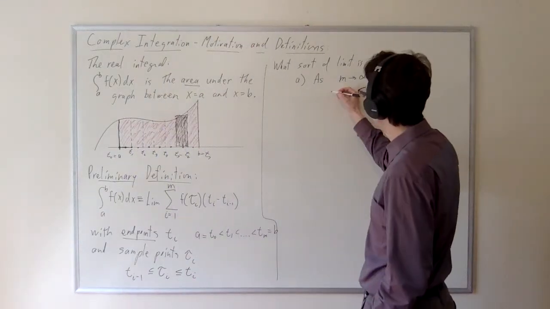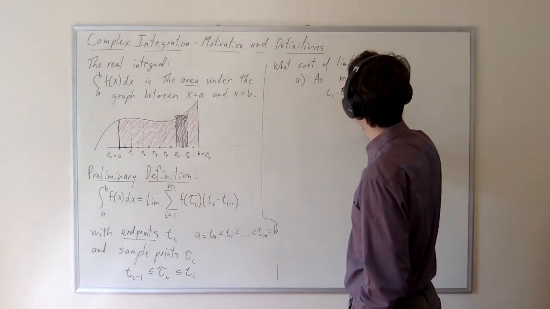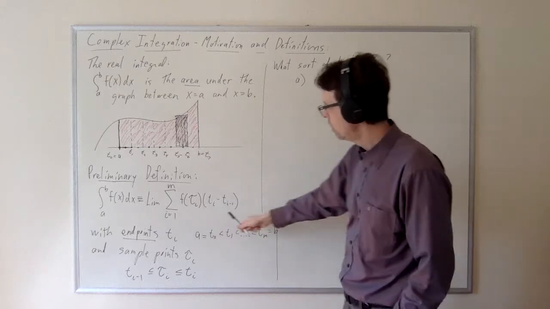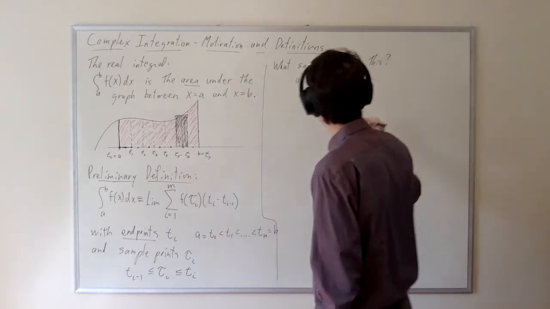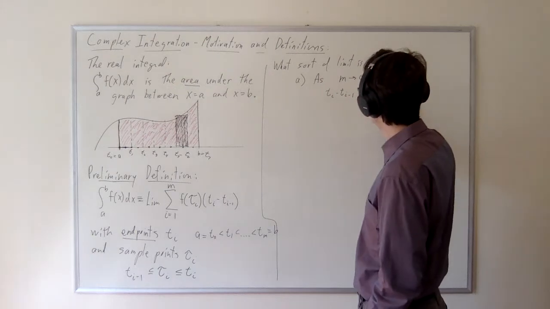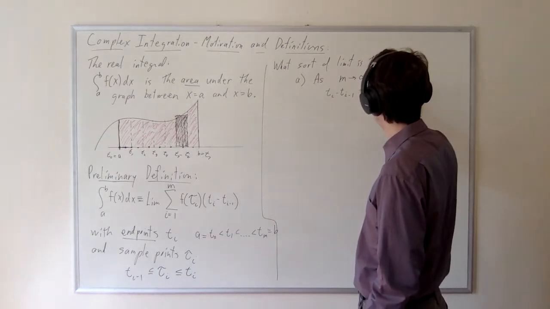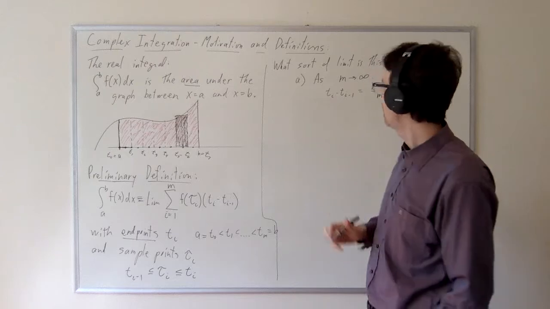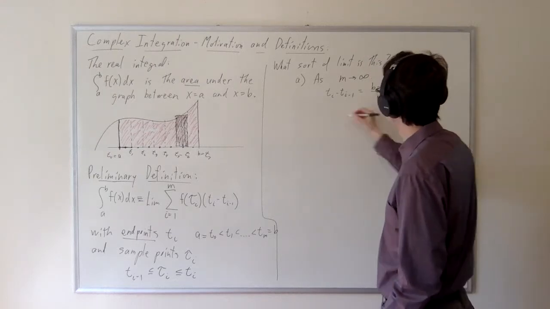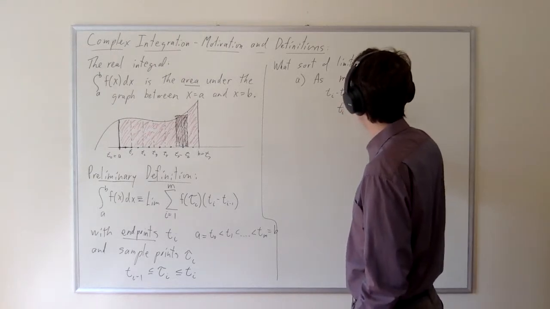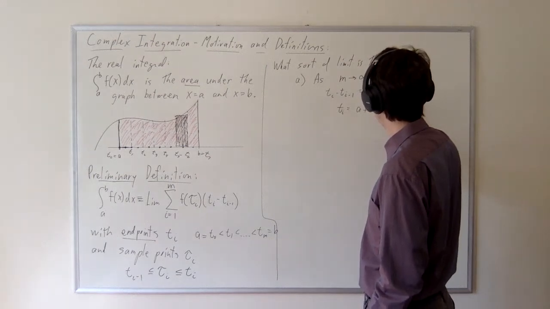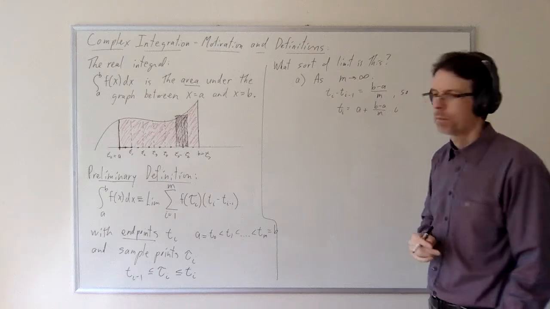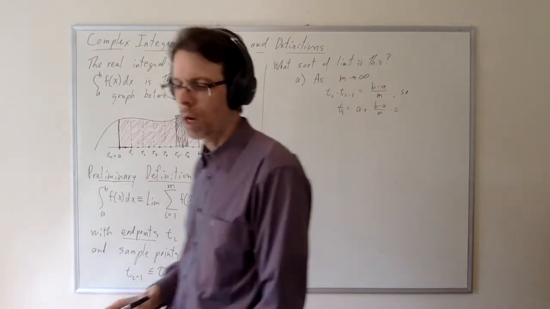As m goes to infinity, t_i minus t_{i-1}, this width, must then be regarded as a function of m. So it will have to be equal to (b minus a) over m. And that means that t_i itself must always be equal to a plus ((b minus a) over m) times i. So we get a convenient formula for t_i itself.